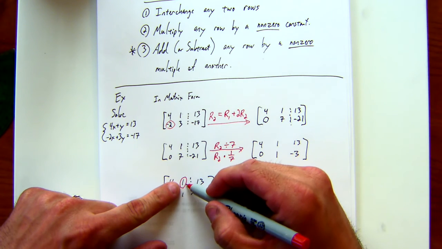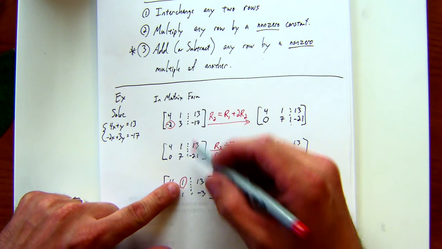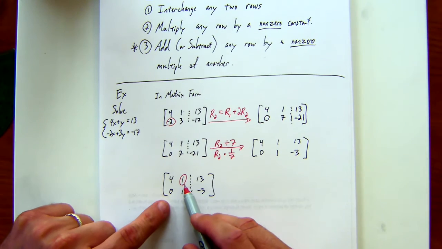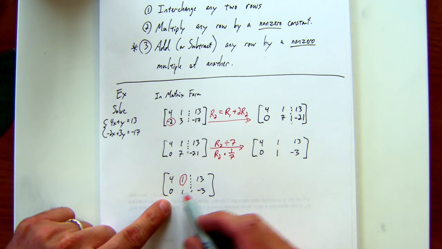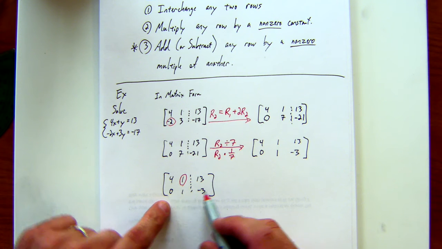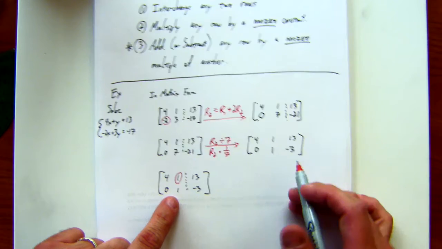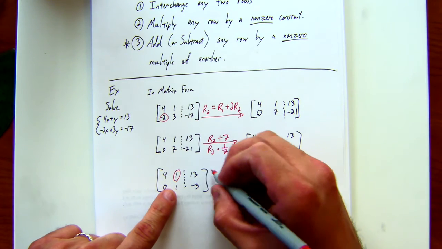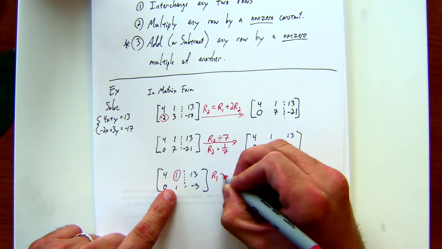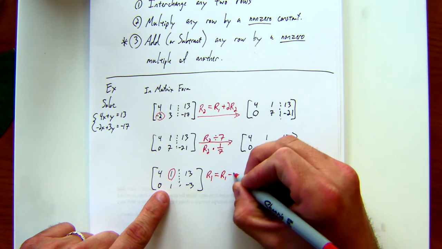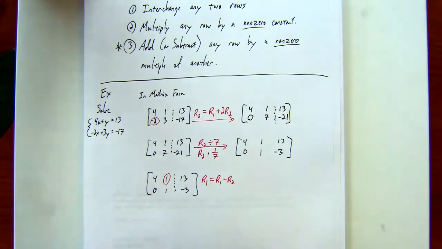So if I want to make this a 0, I can't just multiply it by 0. I'm going to have to do rule 3, right? So what am I going to do? Yeah, I'm going to subtract this guy. Because if I subtract a 1 from a 1, what happens? It goes 0. So the operation that I want to do is I want to say that row 1 is going to be equal to row 1 minus row 2.